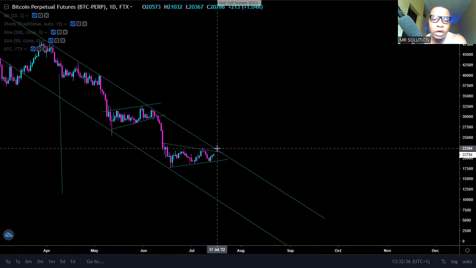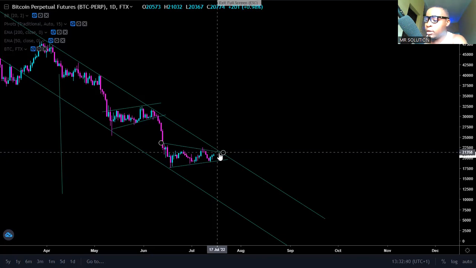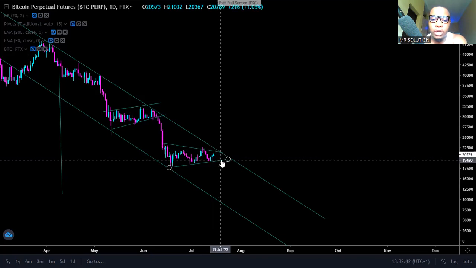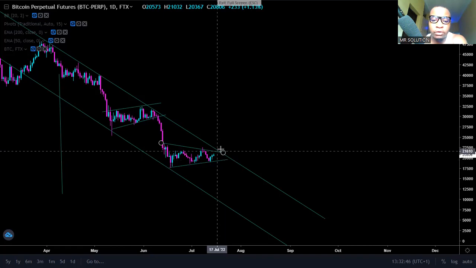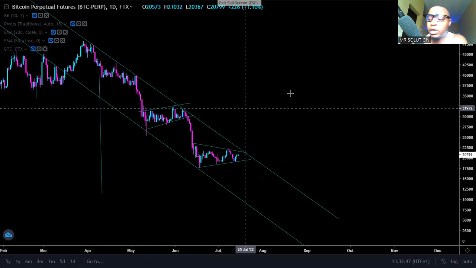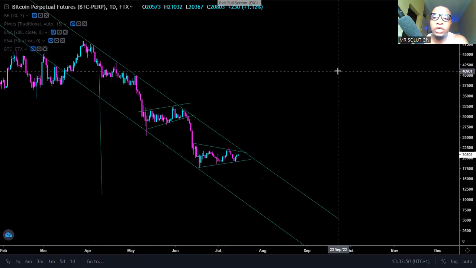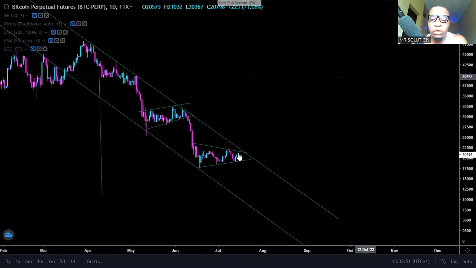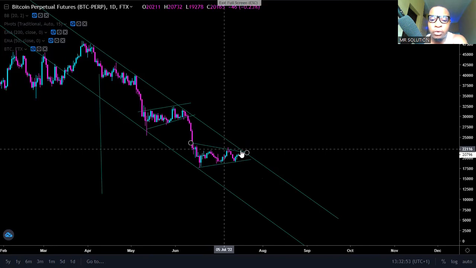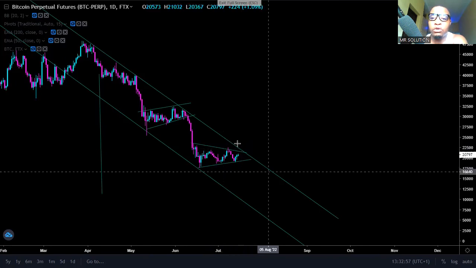That's the only time you can decide to flip bullish. For now, it's still bearish. Everything is still bearish regarding BTC until it crosses above this down sloping resistance line.